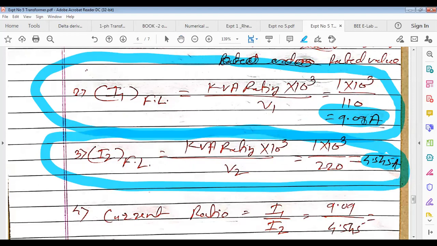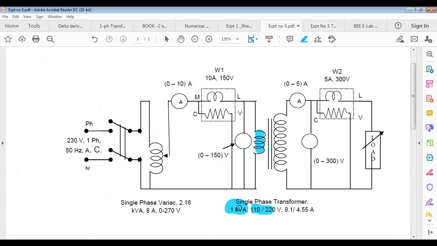This much load only you have to put on the transformer. Otherwise, the transformer will burn. That is the benefit of it. So using these, you can calculate I1 full load and I2 full load, so that you will get an idea how much load you can put on the transformer.